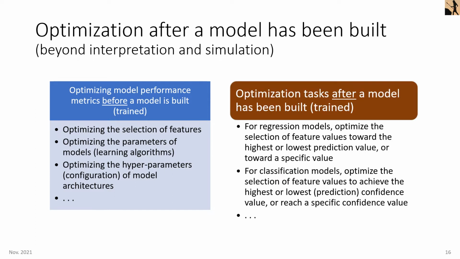But here we are talking about optimization after a model has been built, I mean trained. So for regression models, we optimize the selection of feature values toward the highest or the lowest prediction value, or toward a specific value. Either way. But for classification models, we are optimizing the selection of feature values to achieve the highest or lowest confidence value, or to reach a specific confidence value. So this should be clear.